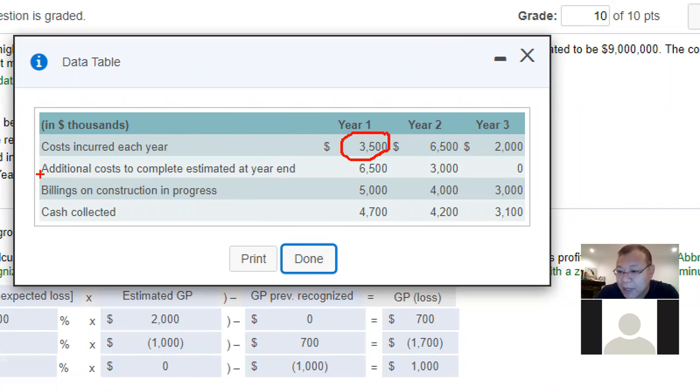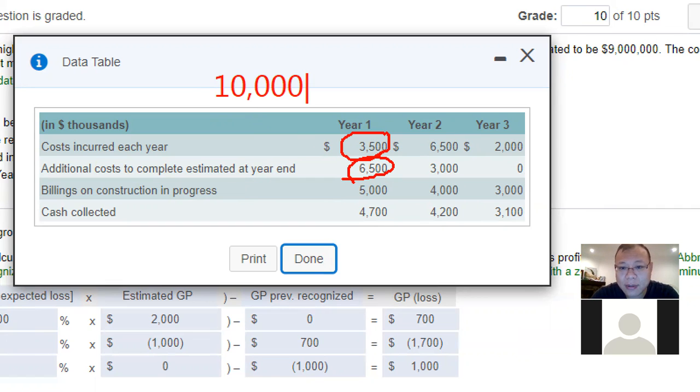And you estimate the additional cost to complete at the year end is 6,500. That's the additional cost to complete this project. The total cost estimation is the numbers together, so you add them and you should have 10,000, 35 plus 65, right?